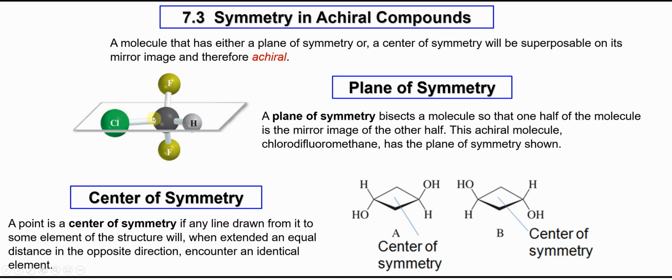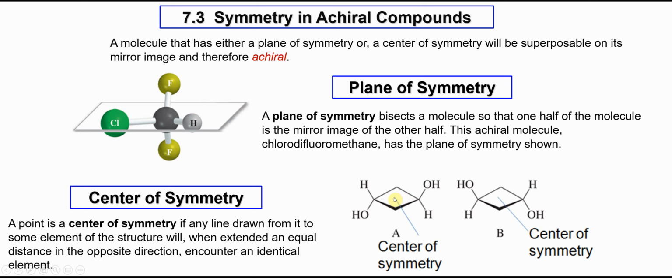The second one is called the center of symmetry. The center of symmetry is a point. This point is the center, and if you draw lines from this center in your molecule to the different atoms or elements, you are going to extend the distance. For example, I have this center.